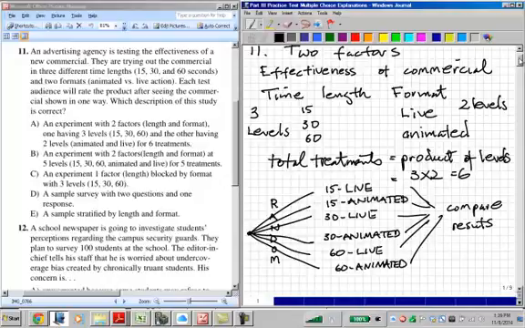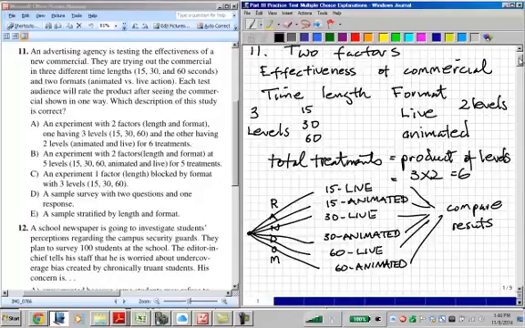C, there's no blocking. If you block, you're eliminating that variable as something that you're going to learn about, and in fact they want the levels to be a factor in the treatment.